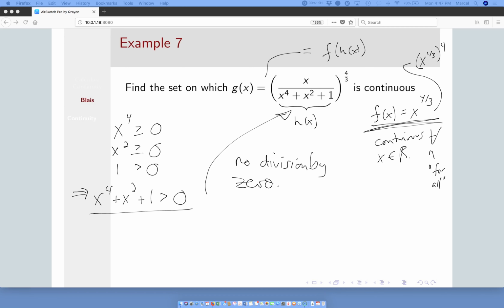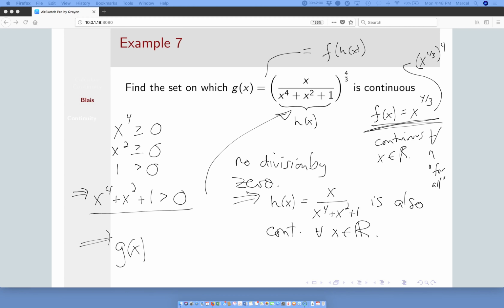So that means this inner function, this h of x, is x over x to the 4th plus x squared plus 1, is also continuous for all x in the real numbers. And by our previous theorem, the composition of the two, this given g of x, is also continuous for any real x by our previous theorem.